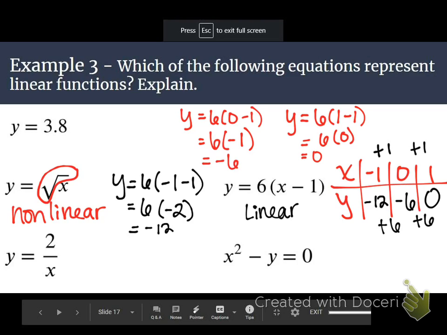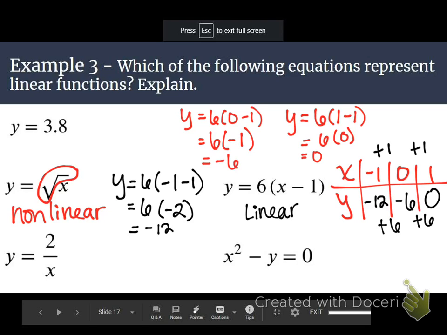That's how we got a 0 back there. So then after we do that, we see how the y's change. To get from -12 to -6, we would add 6. From -6 to 0, we would add 6. Since we had a constant rate of change, this was linear. Okay. Questions, concerns before we do the next one?